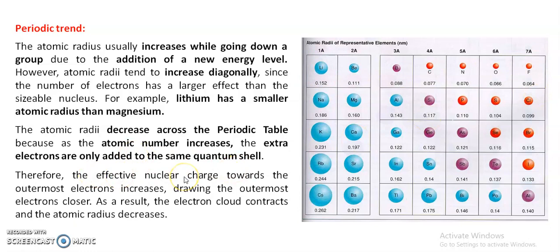Therefore, the effective nuclear charge on the outermost electrons increases, drawing them closer. As a result, the electron cloud contracts and atomic radius decreases. Why? Because of the presence of the shielding effect or screening effect.